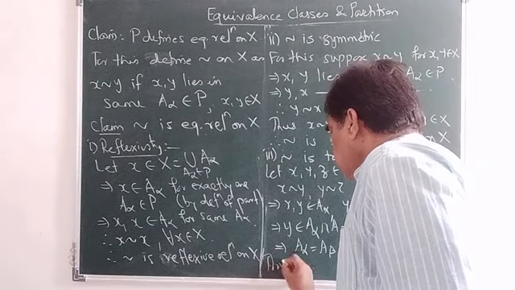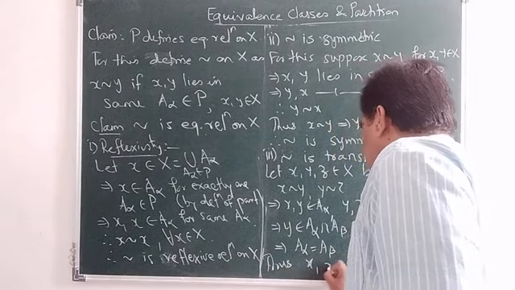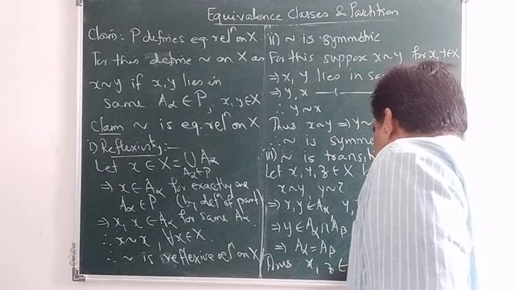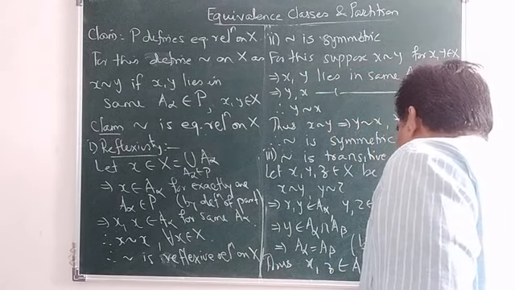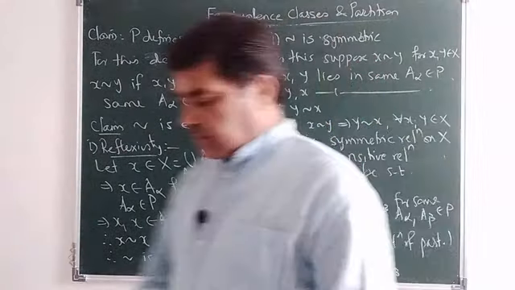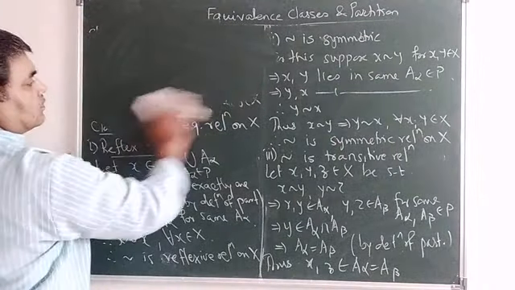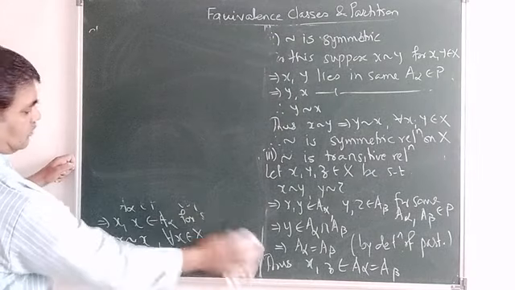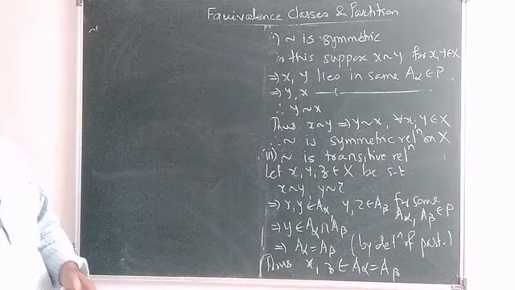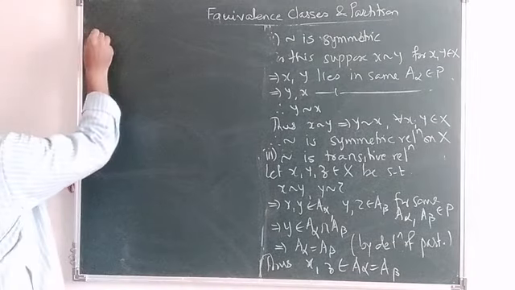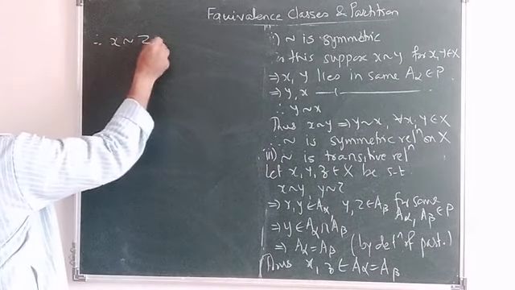Thus, x, z belong to A alpha equal to A beta. Okay. And therefore, x is related to z.